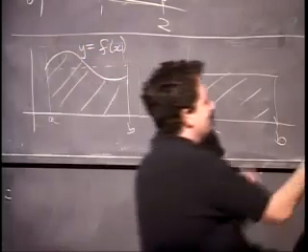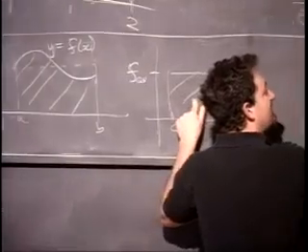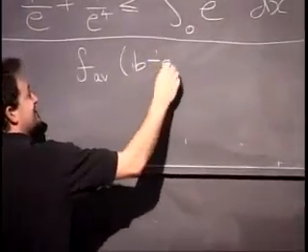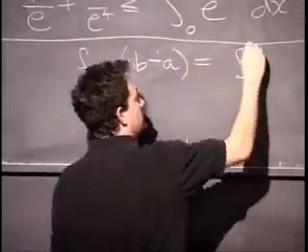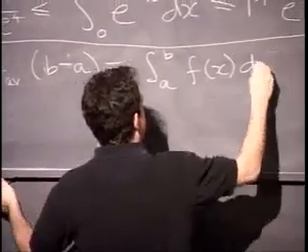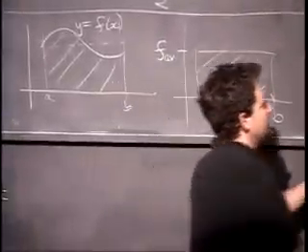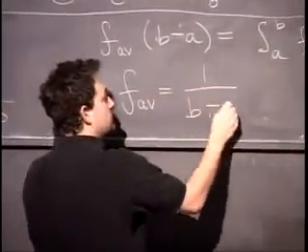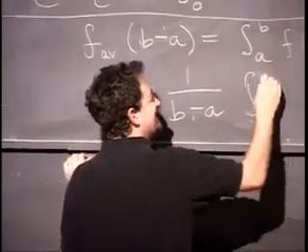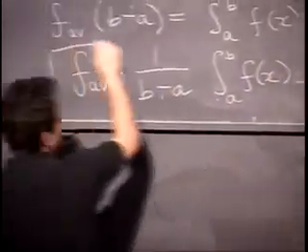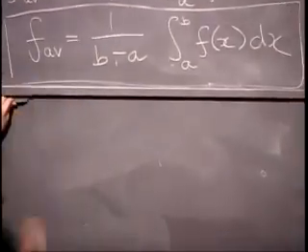What I want is that the area of this rectangle, which is the height f average times b minus a, the base, should equal the area of the original perturbed fish tank water. And so the definition of the average value is 1 over b minus a times the integral of f of x dx. You're supposed to know this definition by heart.